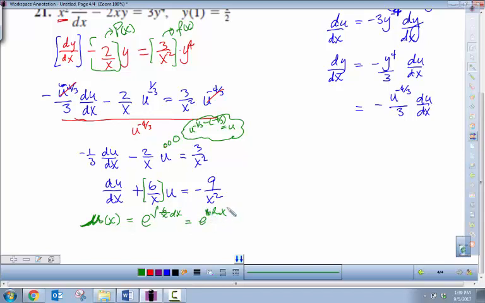So let's put the 6 as a power, and then this is just x to the 6th, I mean. So that's your integrating factor. And if you guys have done integrating factors enough times, you know that the left-hand side will just be mu times u, right?